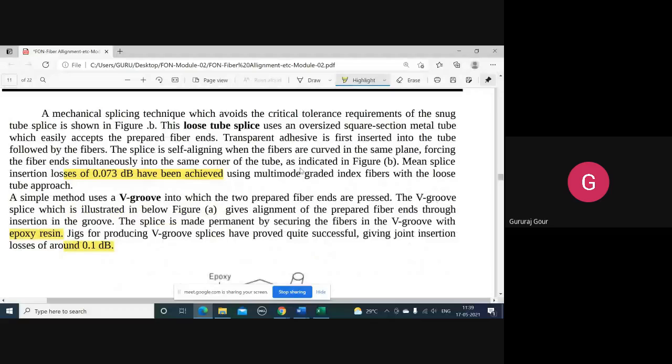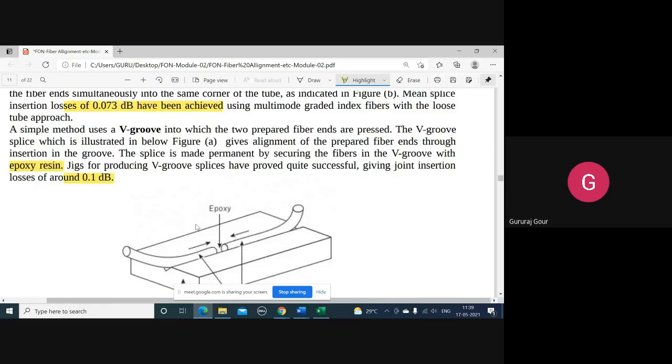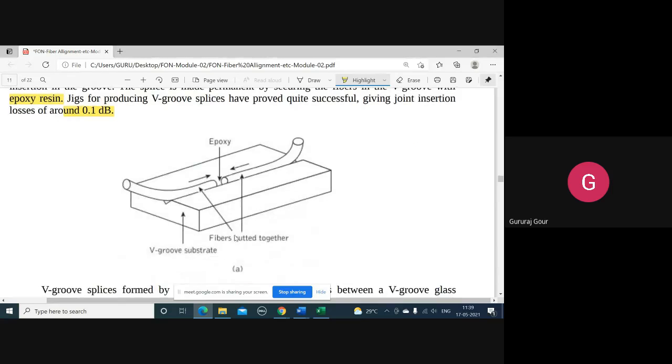Again, there are different types, like loose tube splicing, as you can see here. A square section or V groove will be there. From the other ends, they insert the optical fibers with epoxy or index matching fluid at the center of this V groove.